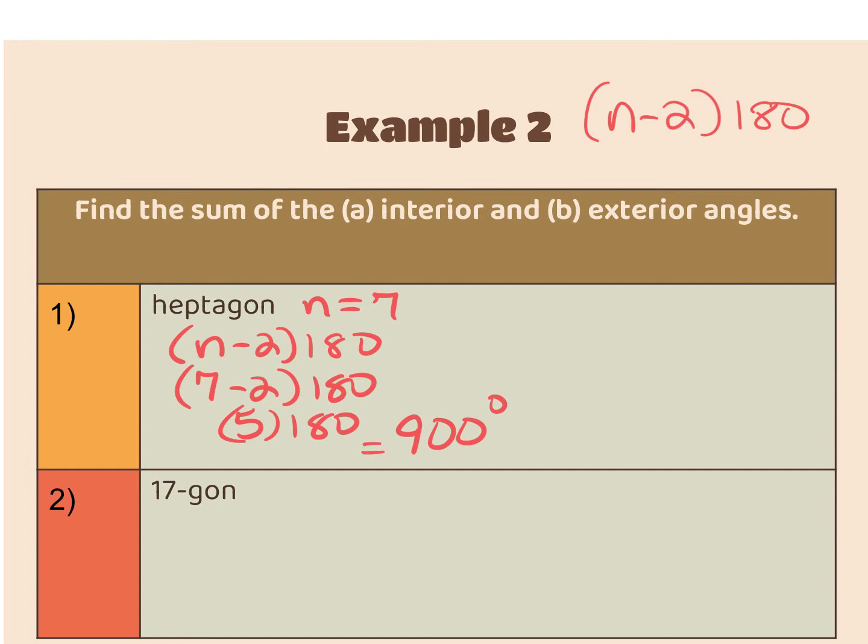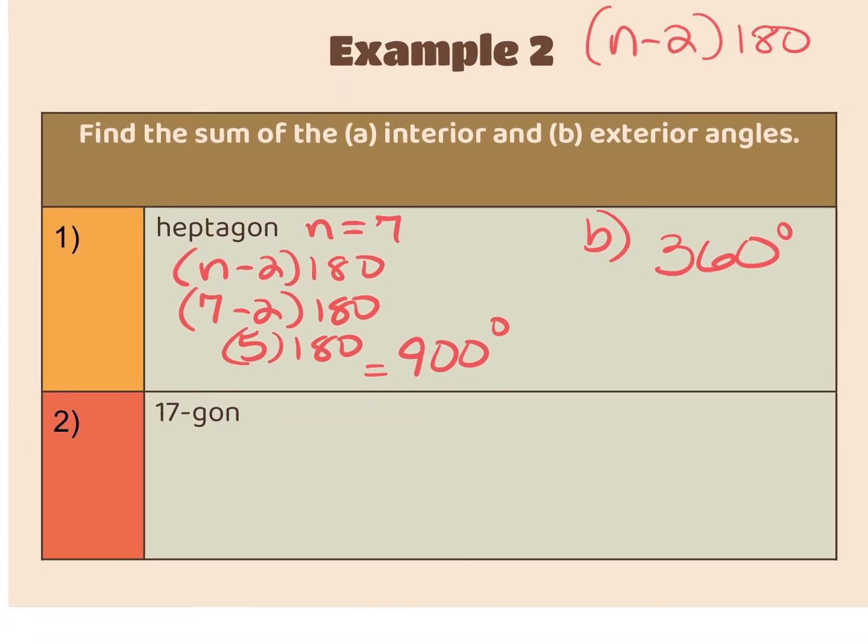For part B, the exterior angles of a heptagon is going to be 360. No calculations here. You memorize that the exterior angles of any polygon will always be 360.